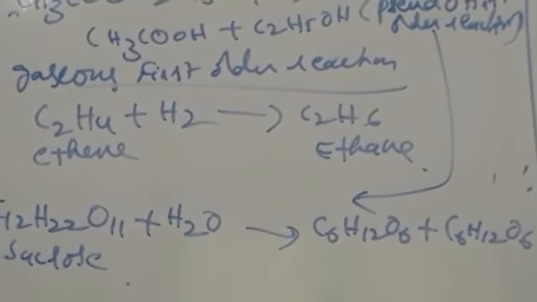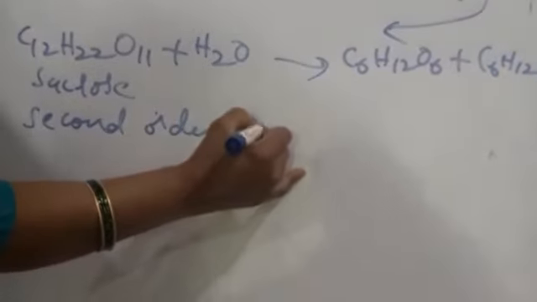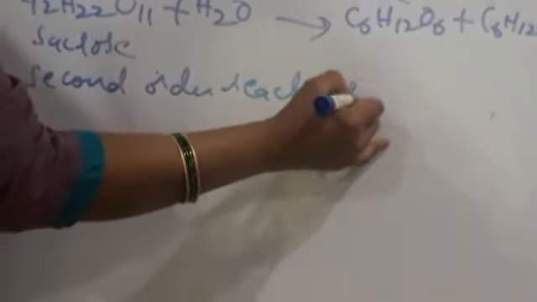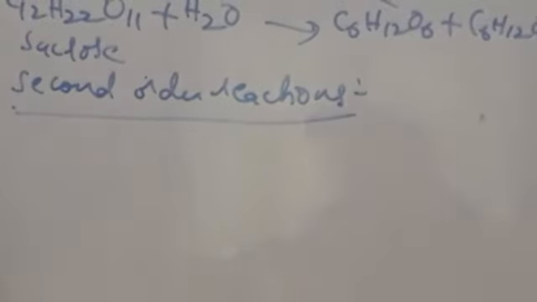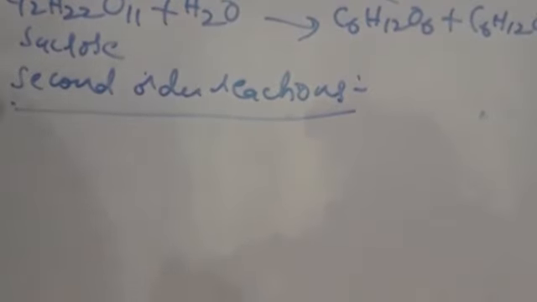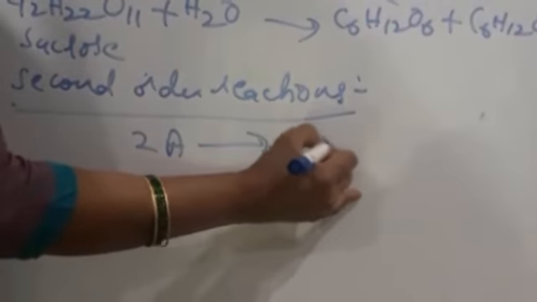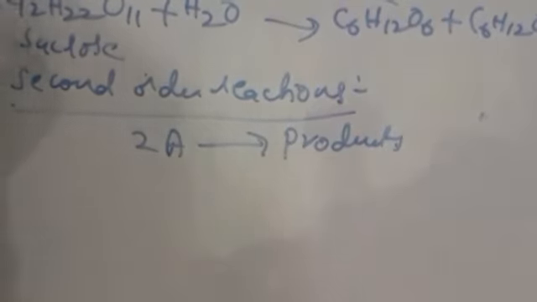Next, coming to second order reactions. 2 types of second order reactions are there. For example, 2A gives products. Here also A to the power 2, order is 2.